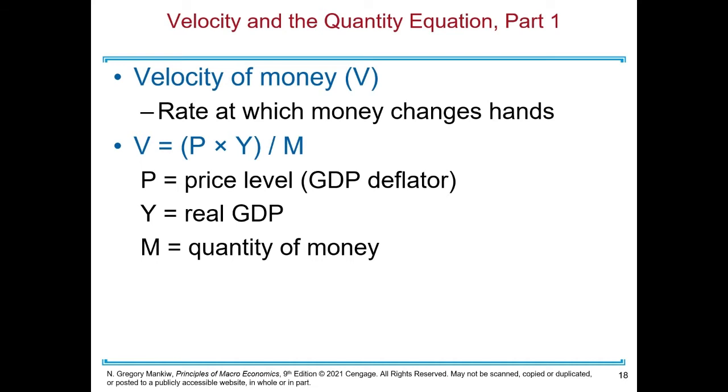Next, we're going to talk about the velocity of money, and we'll also discuss the quantity equation, but first we need to go over the velocity of money. This is how often money changes hands. When we talked about the money supply previously, it may have seemed like money was static. It's either being printed at the Fed, dropped off at banks, or at somebody's house.